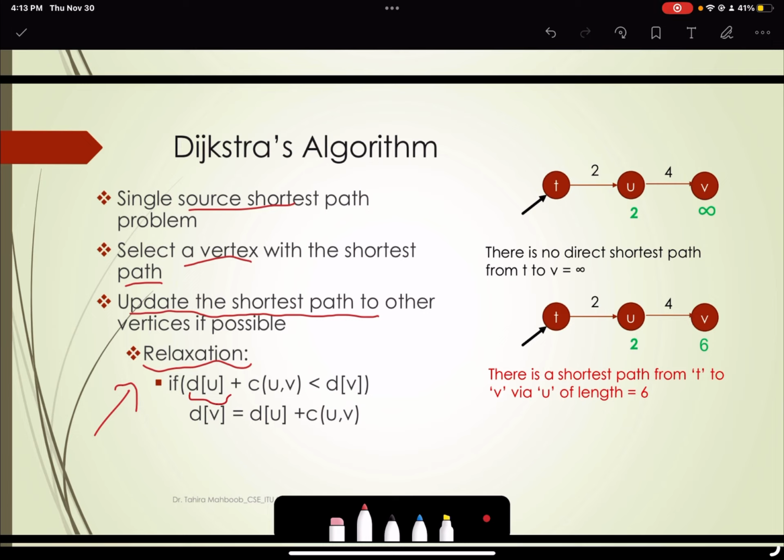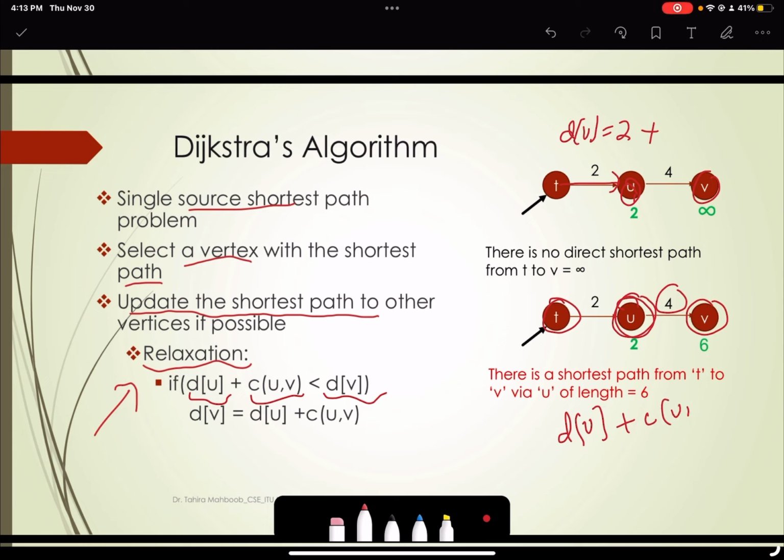If the distance d(u) we have directly connected, so we know the distance of d to u, which is 2, plus the cost of going from u to v, is less than the distance from d to v, then we can update. We can only see here the d(u) plus the cost of going from u to v, which is 4.